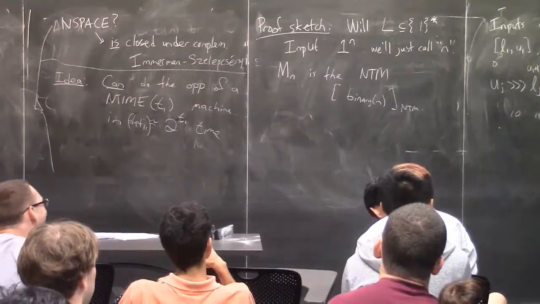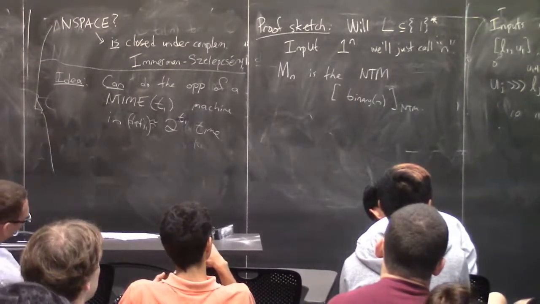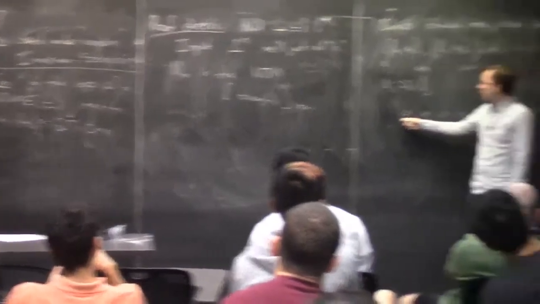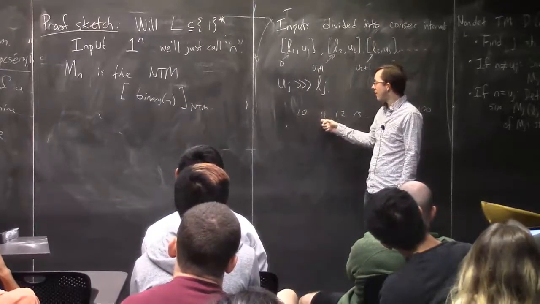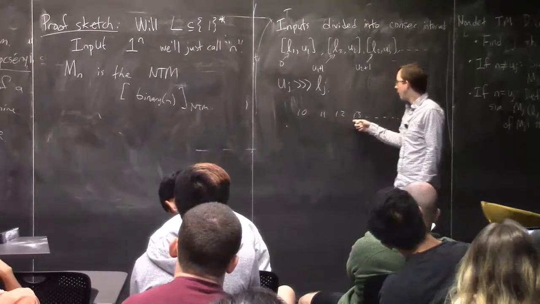That's a very big number, but that's OK. When the input is 10, D will simulate, this was probably the second interval, so it'll simulate M2 on 11. And when n is 11, you'll simulate M2 on 12. And you'll go like that.